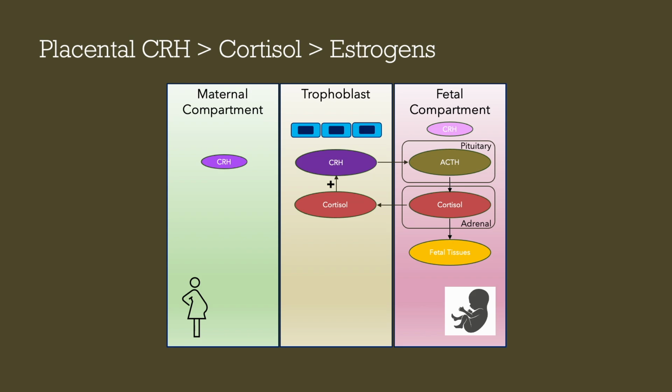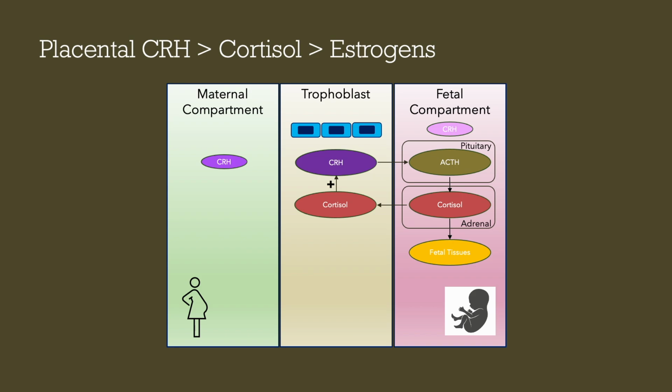The cortisol then will also move back into the placenta, where this is the really important thing. In the placenta, cortisol has a positive stimulatory effect to increase placental CRH production. So this is the opposite of what we see with the pituitary and hypothalamus, where cortisol will negatively feedback on CRH and ACTH.